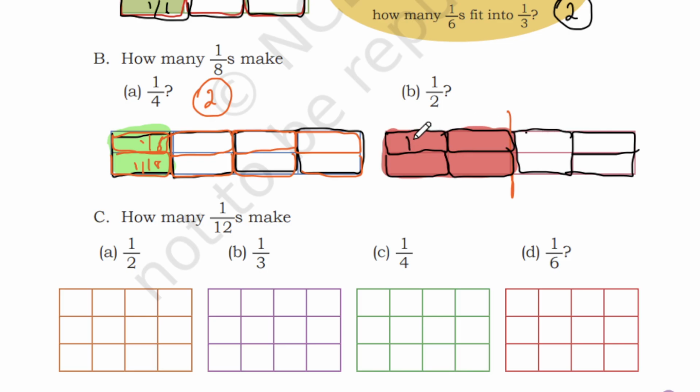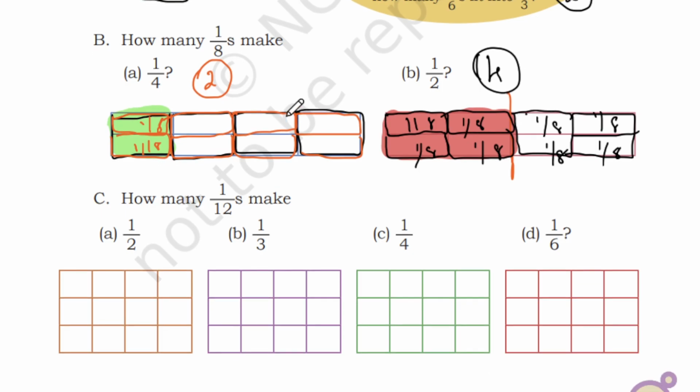Okay, each box is 1 by 8, 1 by 8, 1 by 8, 1 by 8, 1 by 8. This is 1 by 8, 1 by 8, 1 by 8 and 1 by 8. Now how many 1 by 8s are there? 4. Okay. So all these are your exam important questions, students.